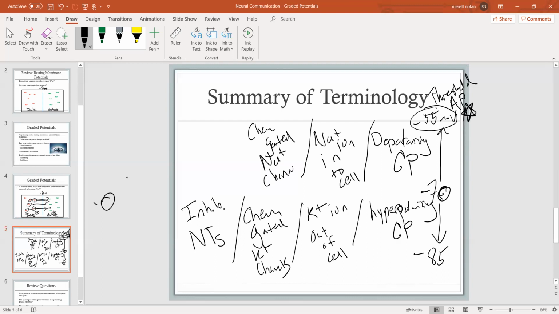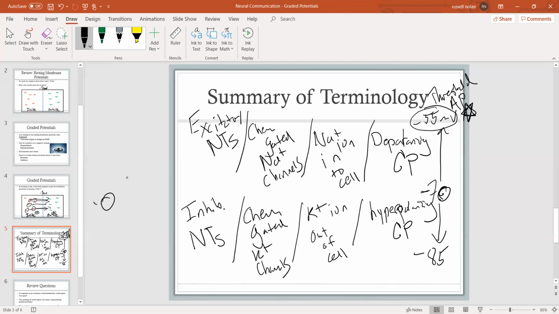And since this is moving towards threshold, what opens chemically gated channels are neurotransmitters, so this would be a result of the arrival of excitatory neurotransmitters. Even if you don't understand how we got here, I want you to memorize this information, because there will be a lot of questions based around it, and you can see how everything is connected.